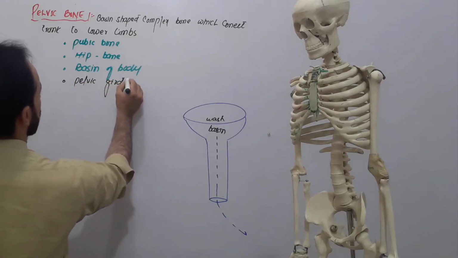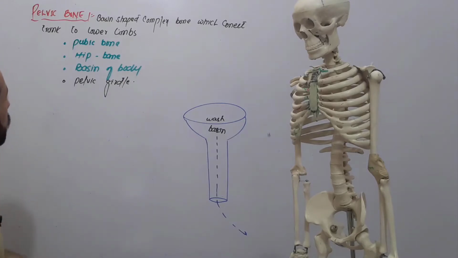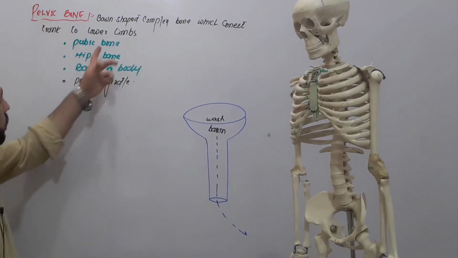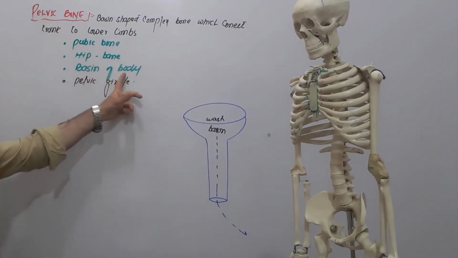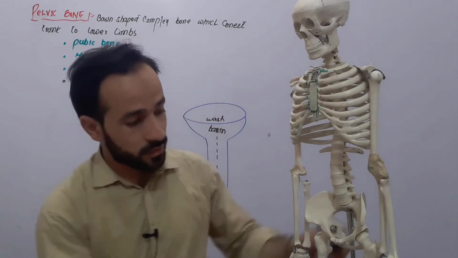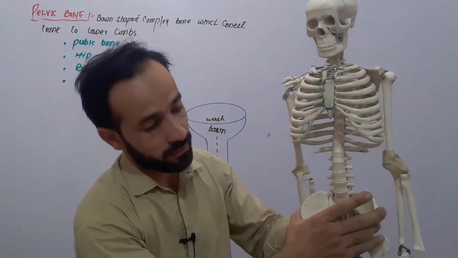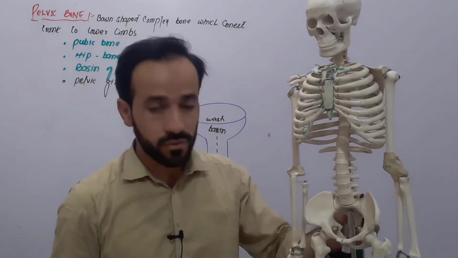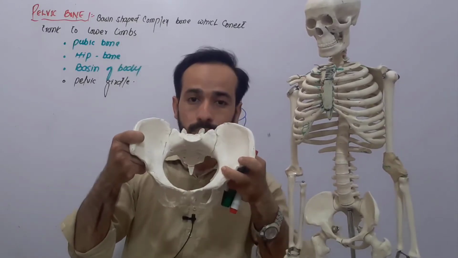So these are all the names for the pelvic bone: the pubic bone, the hip bone, the basin of the body, and the pelvic girdle. This is your pelvic bone here in this model, and here we also have it.